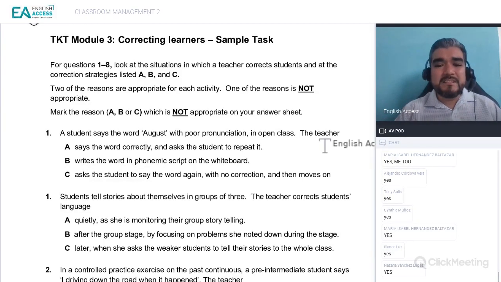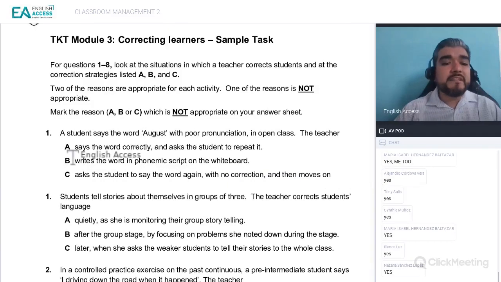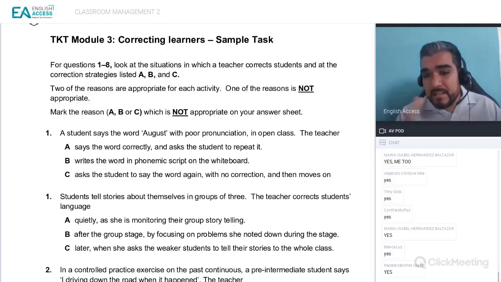The teacher says the word correctly and asks the students to repeat it. Writes the word in phonemic script on the whiteboard. Asks the students to say the word again with no correction and then moves on. Which of these corrections, A, B, or C, do you think is not appropriate?